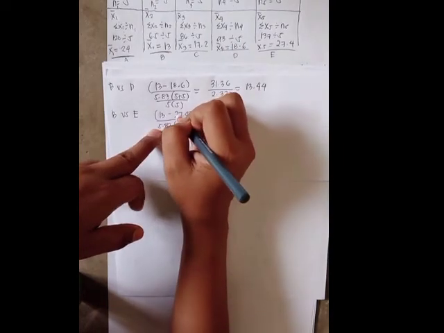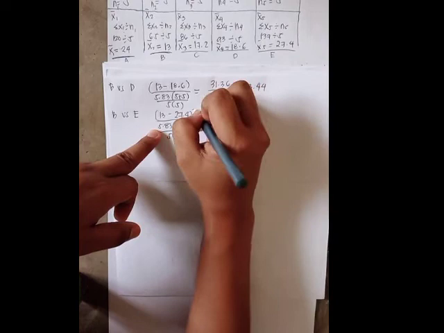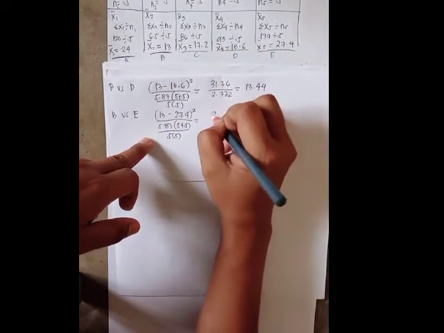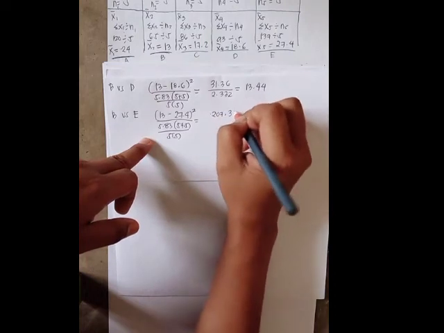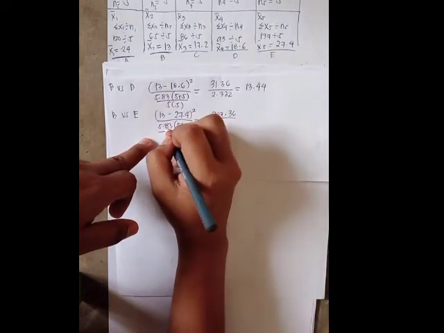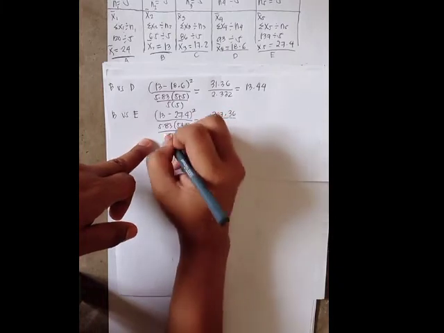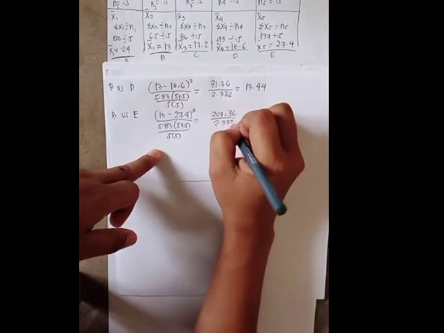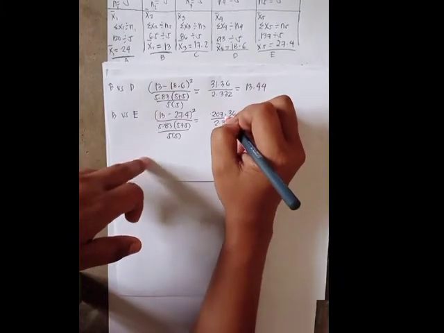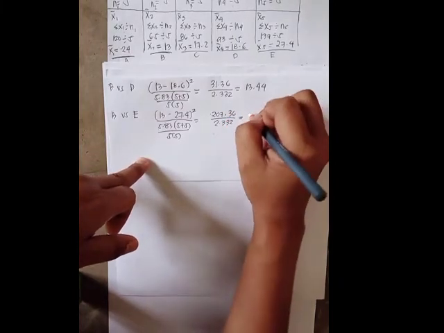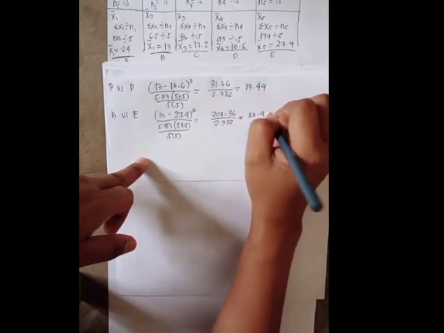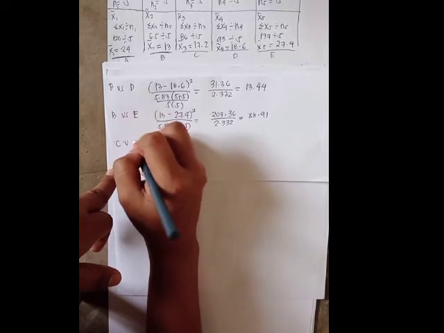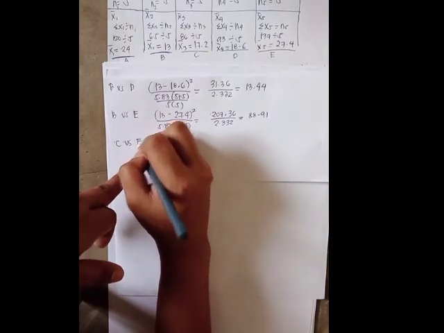So 13 minus 27.4 squared will be equal to 207.36, divided with our 5.83 times 5 plus 5 is 10, divided by 5 times 5 is 25, will be equal to 2.332. And 207.36 divided by 2.332 will be equal to 88.91.